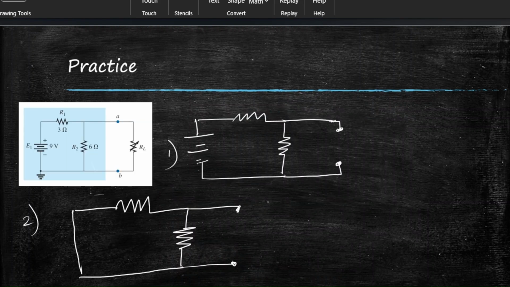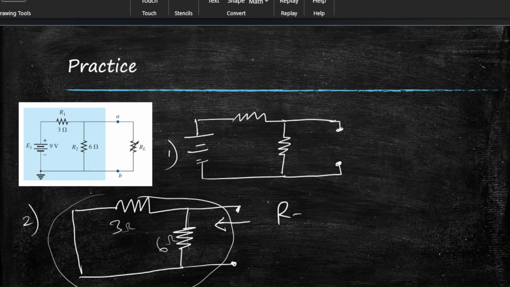From this redrawn circuit in number 2, the resistance we calculate will be the Thevenin's equivalent resistance, or RTH. And we have to start from this side, the side of the load resistance. So we start from here, and we can see that this resistance and this are in parallel. The values were 6 ohm here and 3 ohms here. So what's RTH?